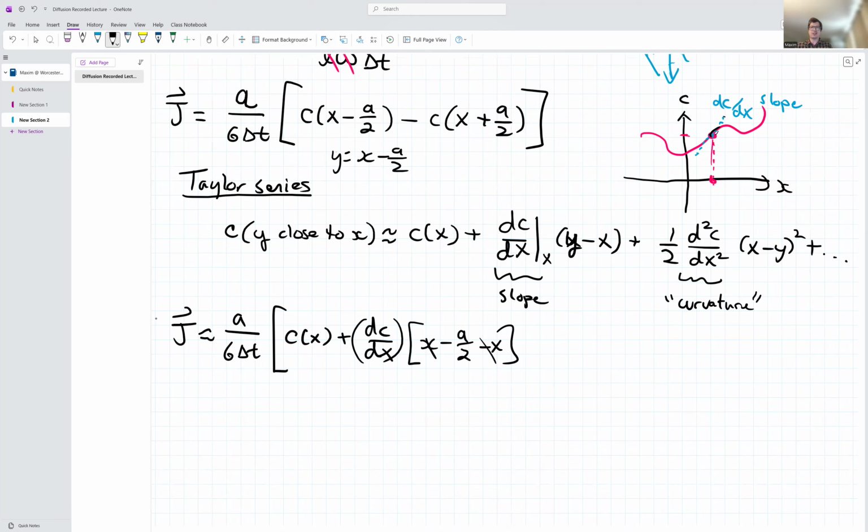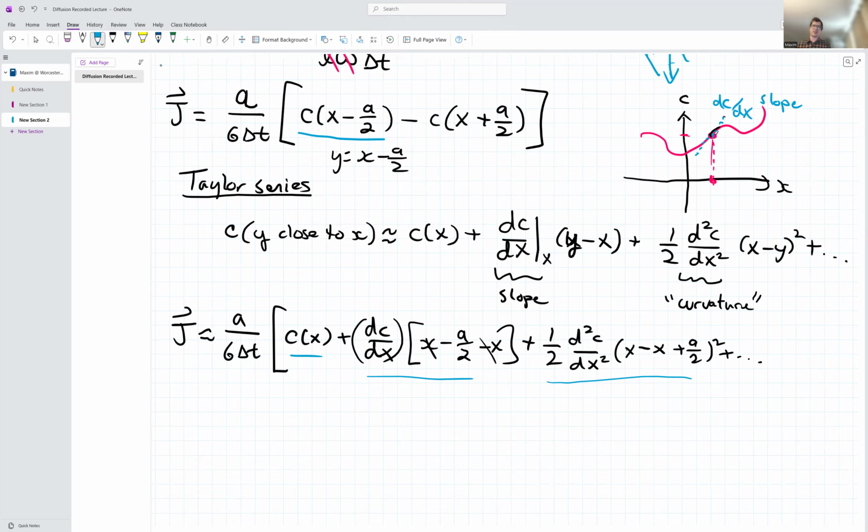So the x's cancel. And then we will need that second term, 1/2 d squared c dx squared. Or maybe we won't. Actually, I don't think we will. So we'll see what happens. It's x minus x plus a over 2 squared, and so on. So that's for that first term.